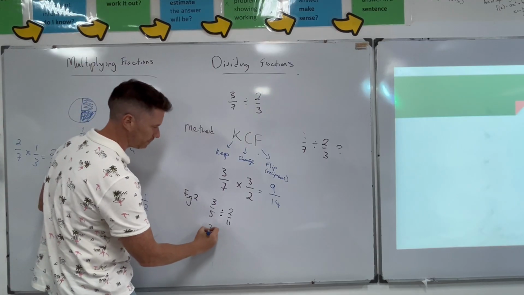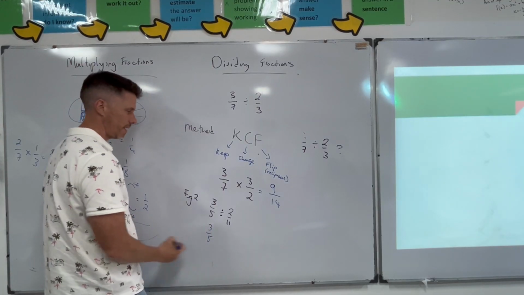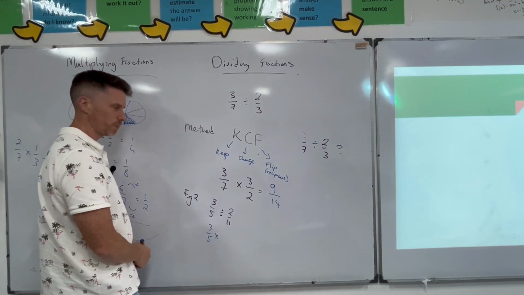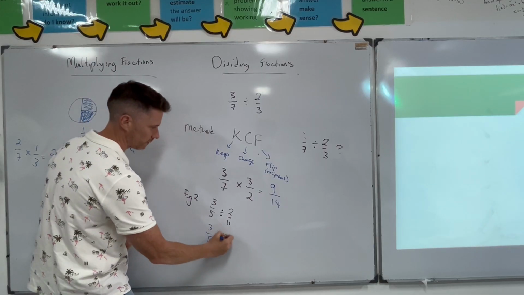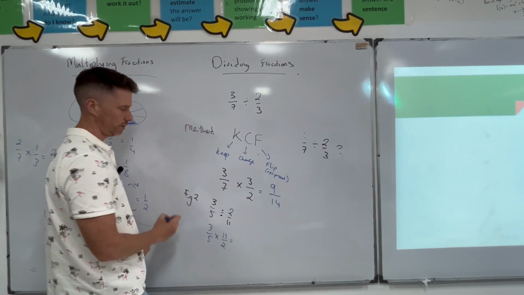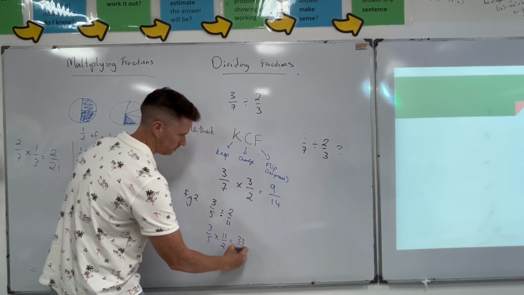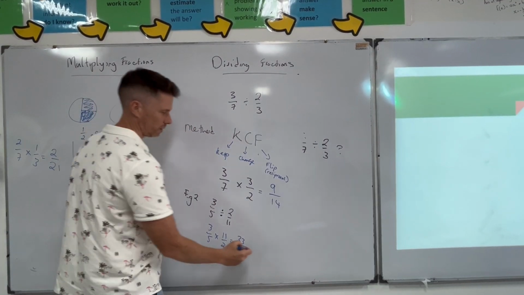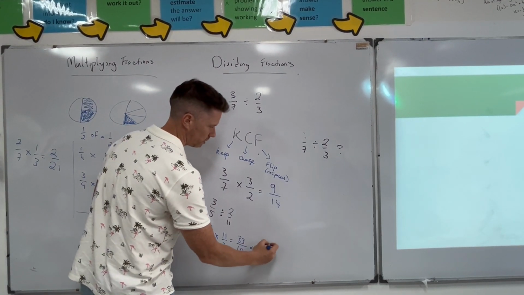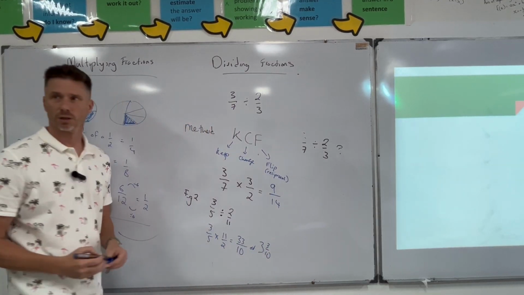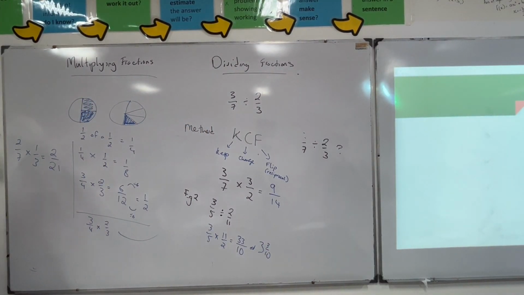We just keep the first fraction, change the sign to multiply, and flip the second fraction, and then we multiply. 33 over 10, or 3 3/10. Done. So I'm just multiplying for dividing. Keep, change, flip. Make sure you've written that somewhere and an example of what to do.